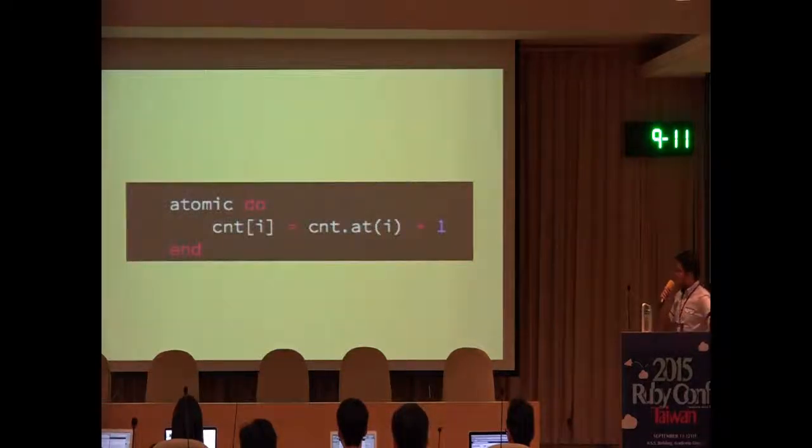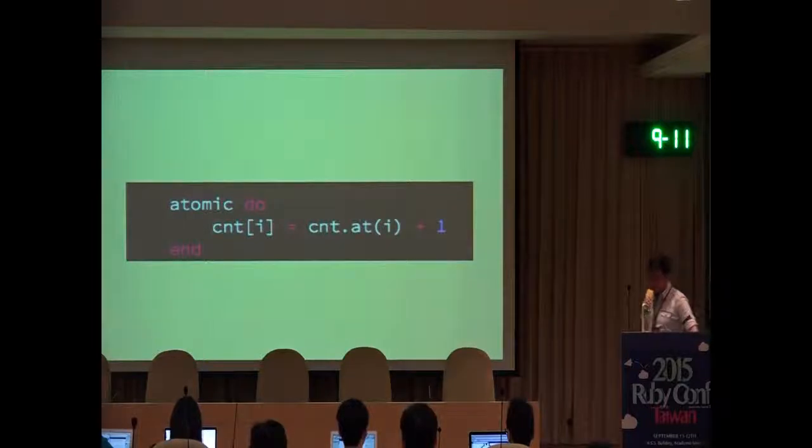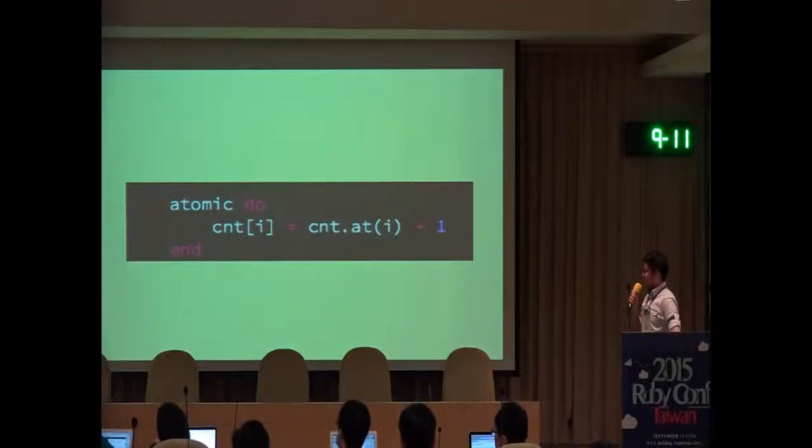Okay, and now this is what I have in mind. We can have an atomic block, in fact, an atomic method that runs any given block as a single transaction without committing or validating in the middle of it.